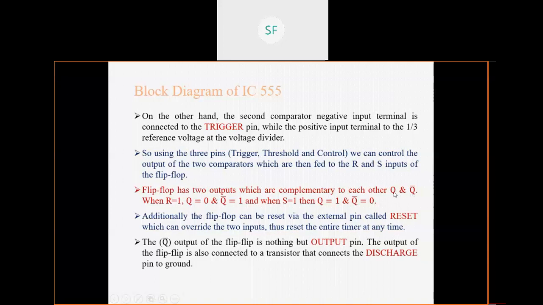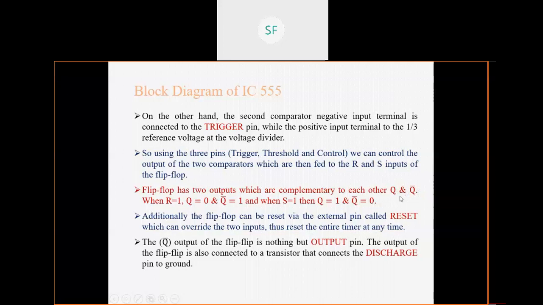If Q equals 1, then Q bar will be 0, and if Q equals 0, then Q bar will be 1. It will not happen that both values of Q and Q bar are the same. So always remember this point: the values of Q and Q bar will always be complementary to each other.